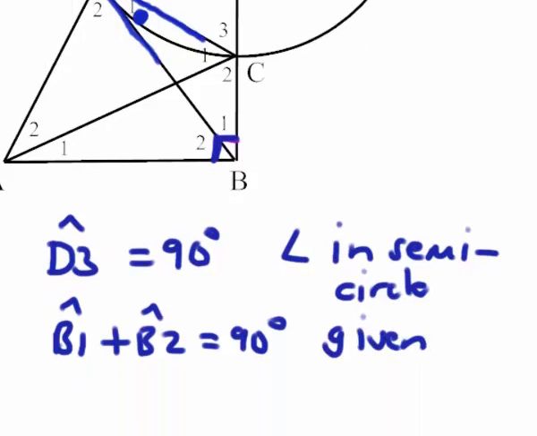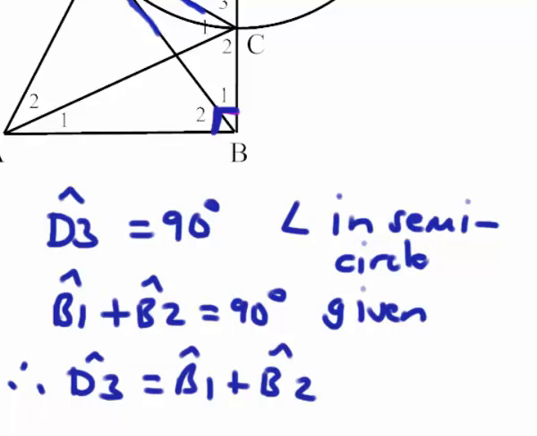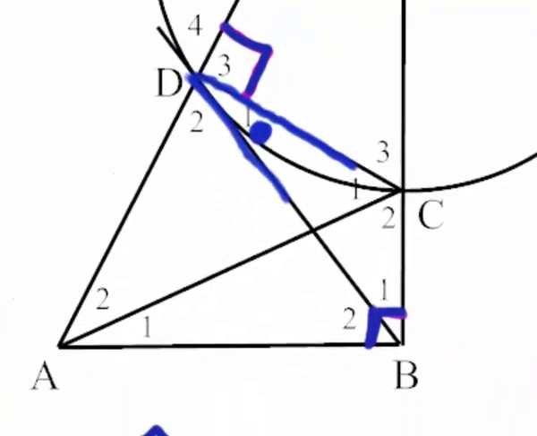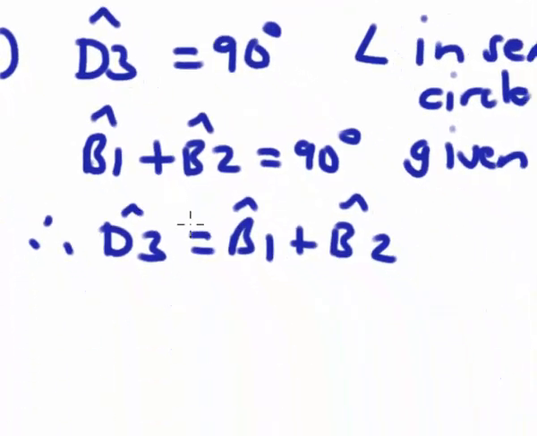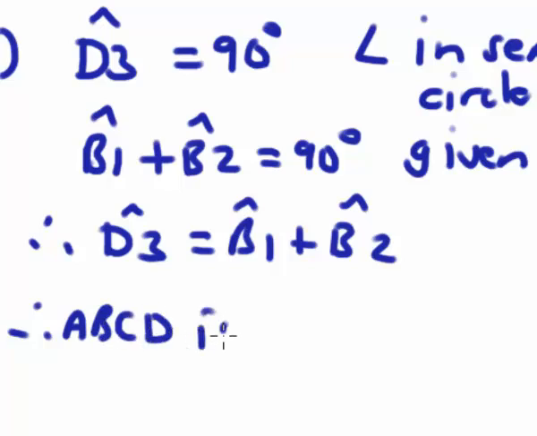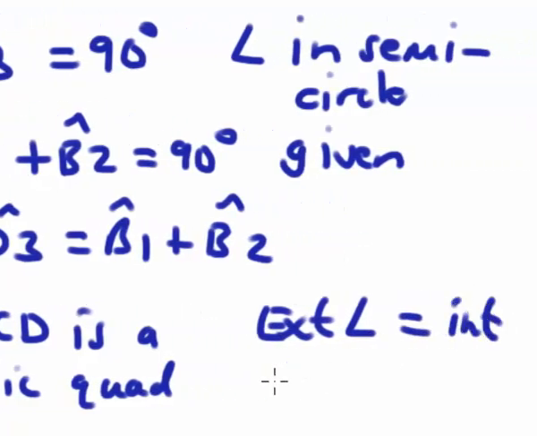And so therefore you can conclude that D3 is equal to B1 plus B2, and we can say ABCD is a cyclic quad, the reason being the exterior angle equals the interior opposite angle.